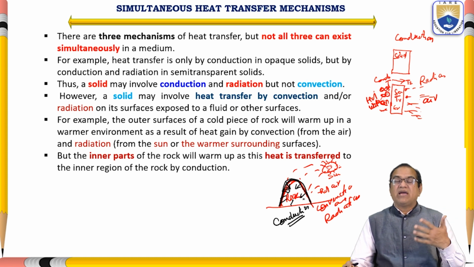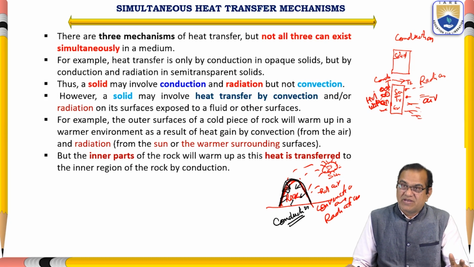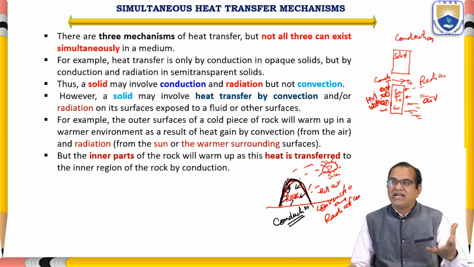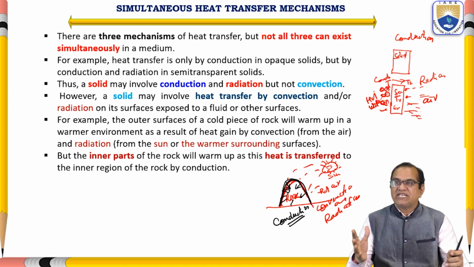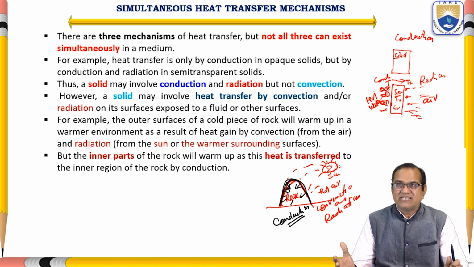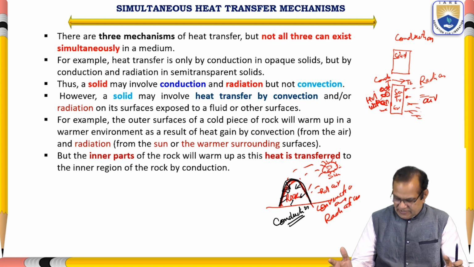So at a time, simultaneously, all the processes may happen: conduction, convection and radiation. But we have to see in which phase what is happening. That is the objective of our learning.